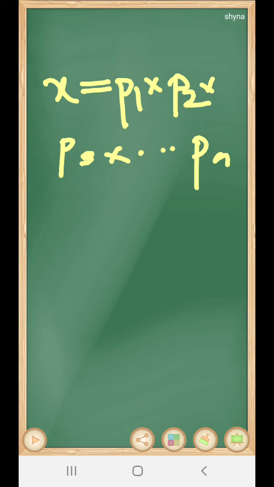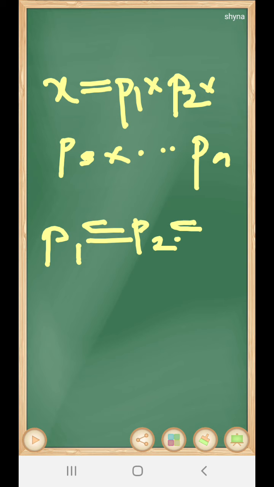That means a composite number x we can factorize. This p1, p2, p3 etc. are the prime factors. We can write the product of the prime factors, x equal to p1 into p2 into p3 into etc. pn. Then this in ascending order, so we can write p1 less than or equal to p2 less than or equal to p3 etc. less than or equal to pn.